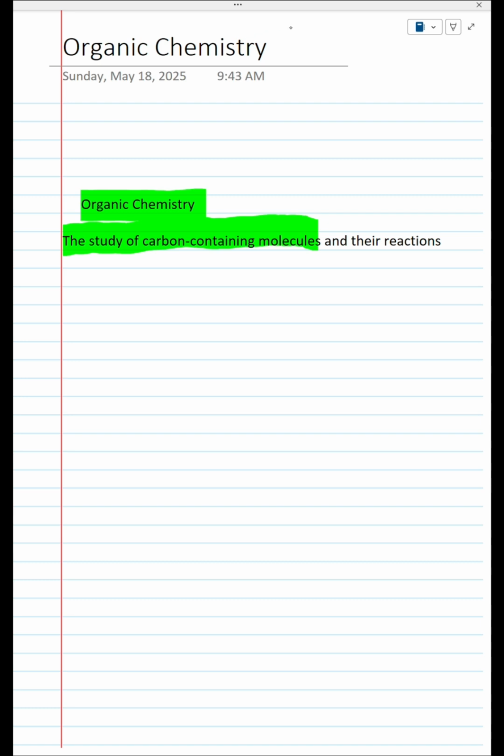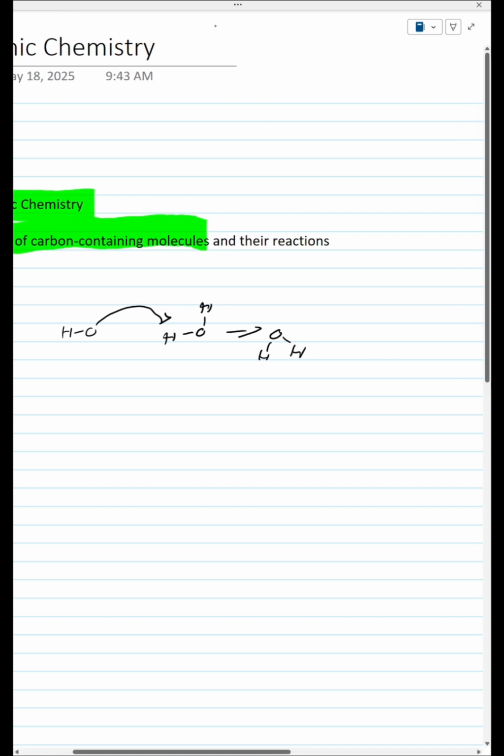So this could be bonds being broken, forming different products, one water going to another water, or it could be bonds breaking. What is this? The reverse reaction, etc. And throughout these videos, we'll figure out how each reaction goes.